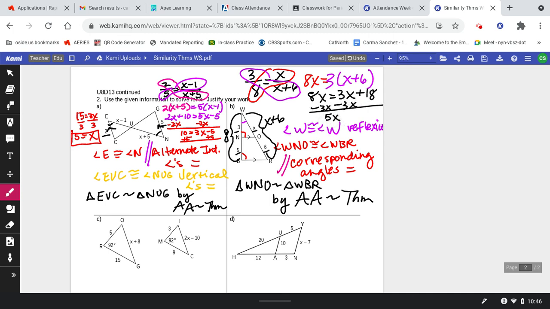I'm getting 5x equals 18. So my answer is just going to be 18 over 5. And you can leave it as a decimal or a fraction, however you prefer.